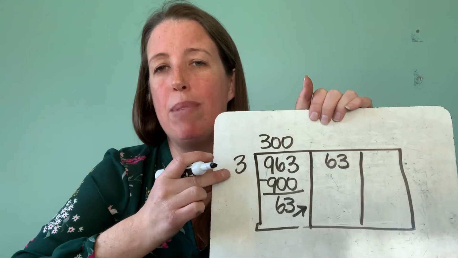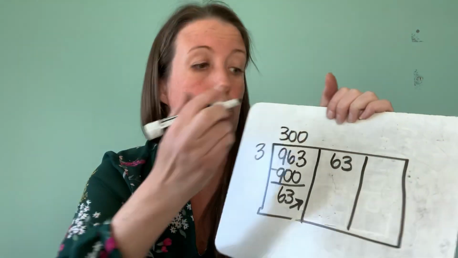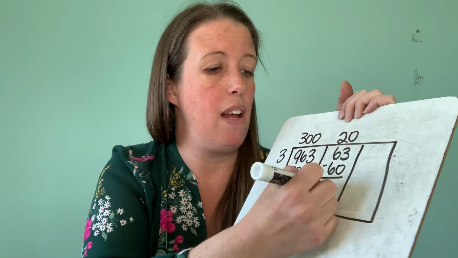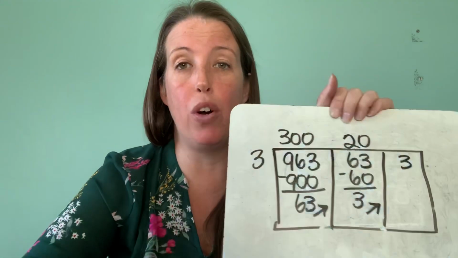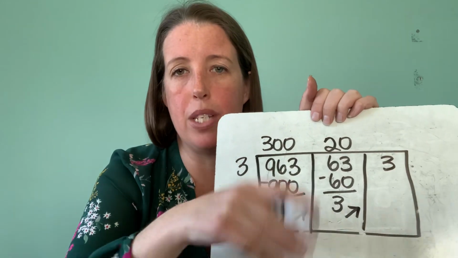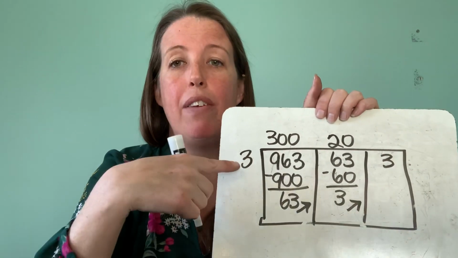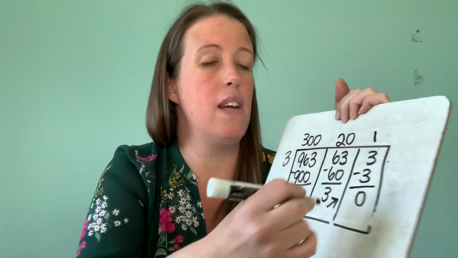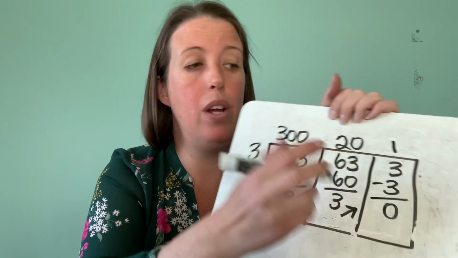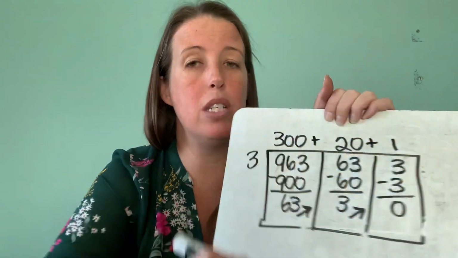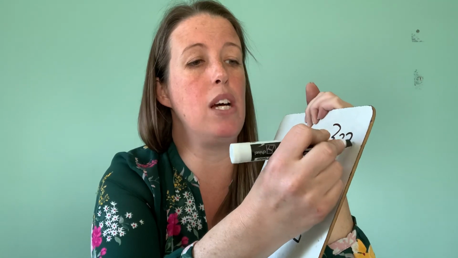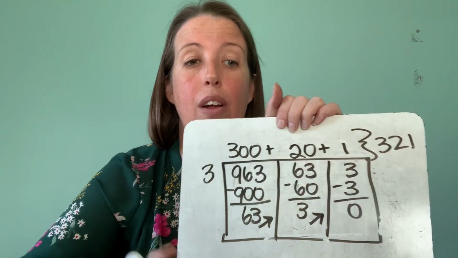I know 3 times 10 is 30, but I also know that 3 times 20 will get me 60. And then I have 3 left, which I'm going to move over. See, I always draw those arrows as a reminder to move it on over. And then finally, 3 times 1 is 3, and I got my goal of 0. When I add up my hundreds, tens, and ones parts, I get 300 plus 20 plus 1 equals 321.